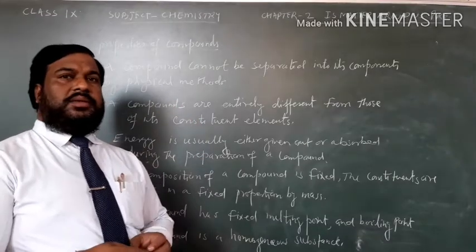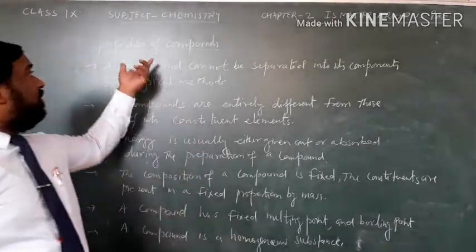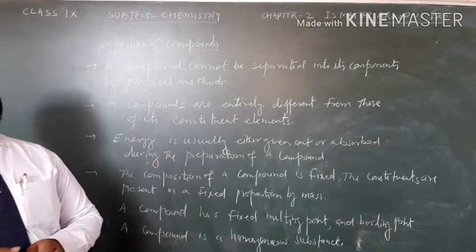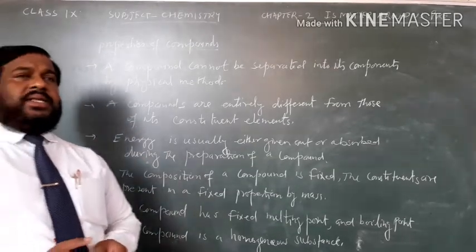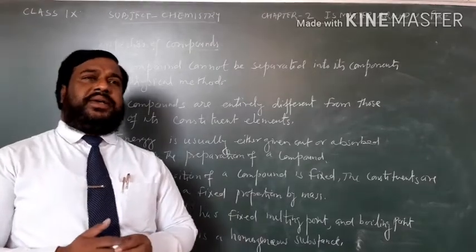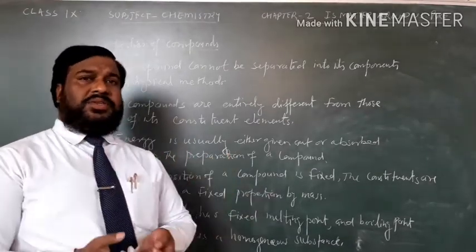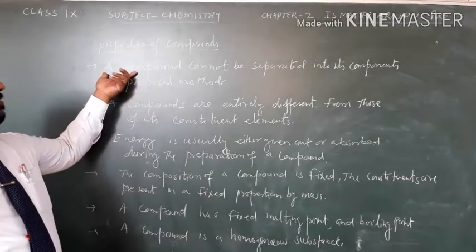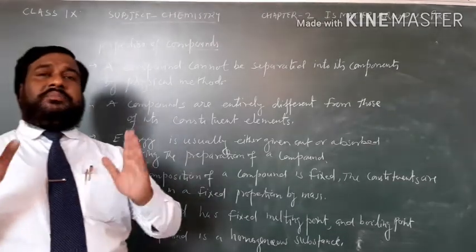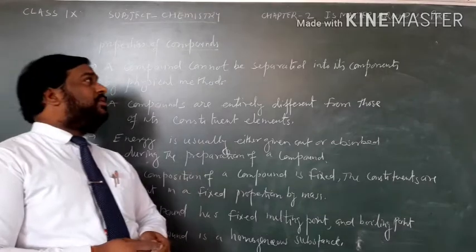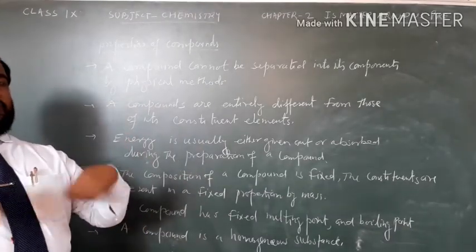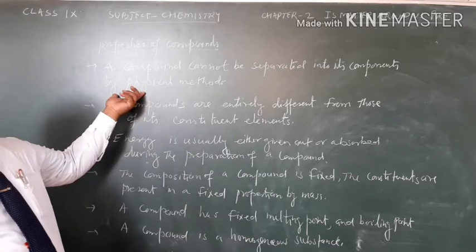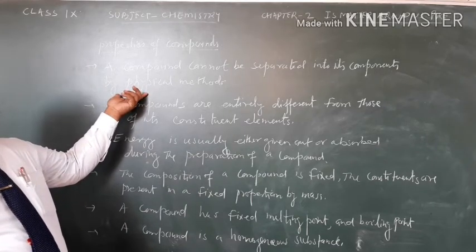Student, here are the properties of compounds. Here are certain properties by which we can identify compounds. The first point is a compound cannot be separated into its constituents by physical method.